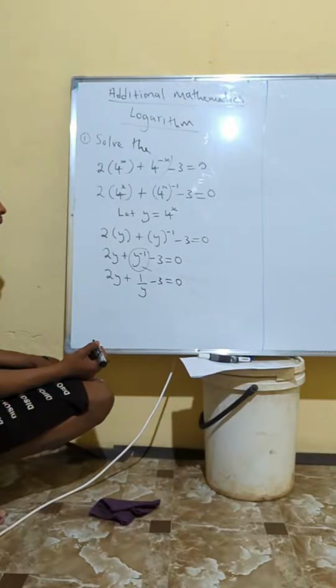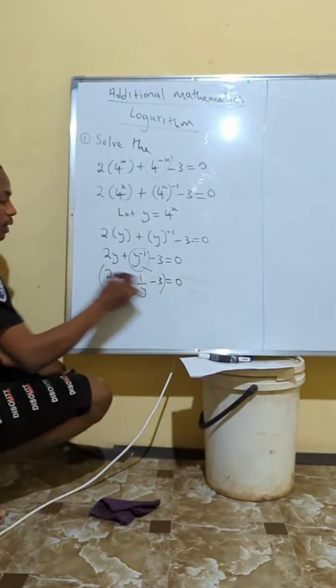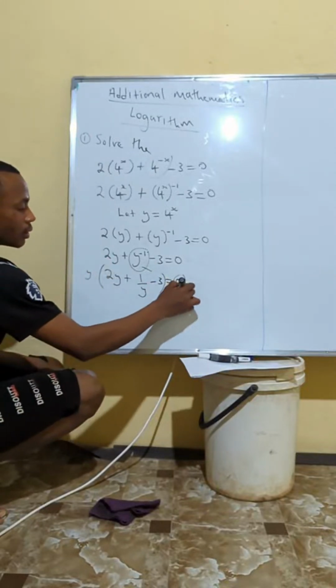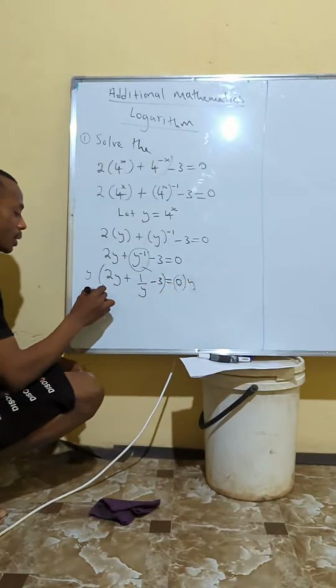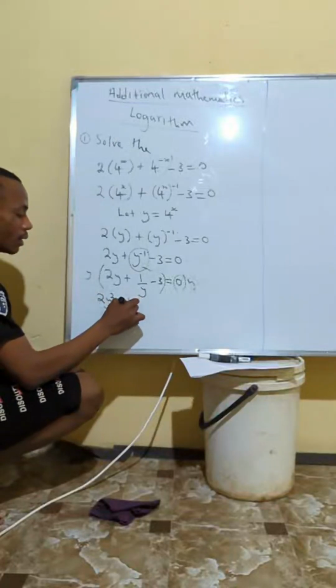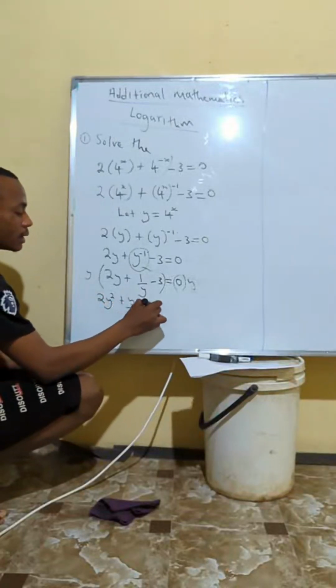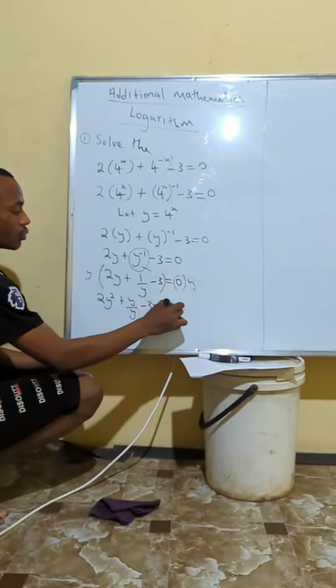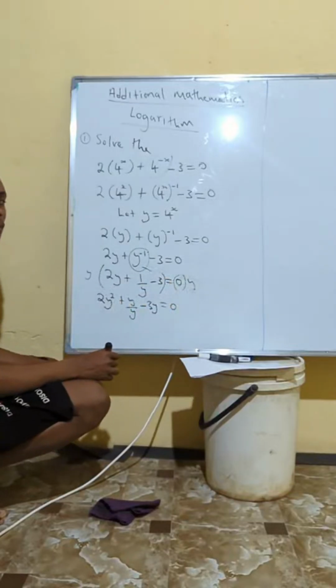Then when you reach here now, what we're going to do is that you multiply both sides by y, so that you have an equation to be 2y squared plus y over y minus 3y is equals to 0, because y times 0 is 0.